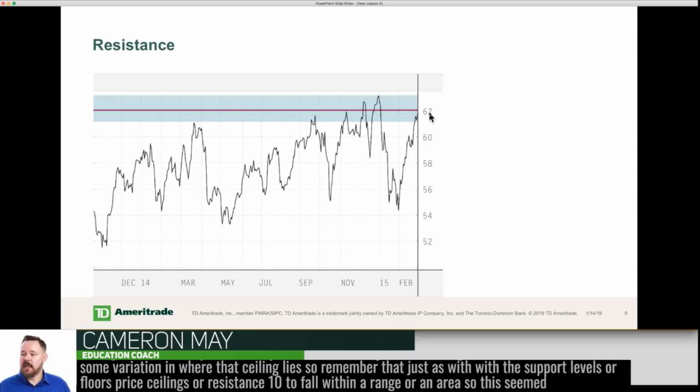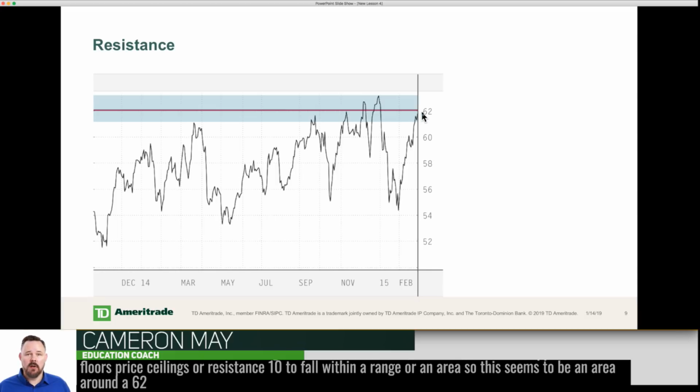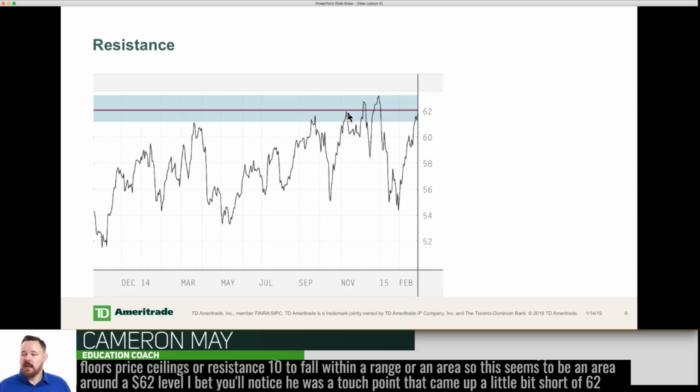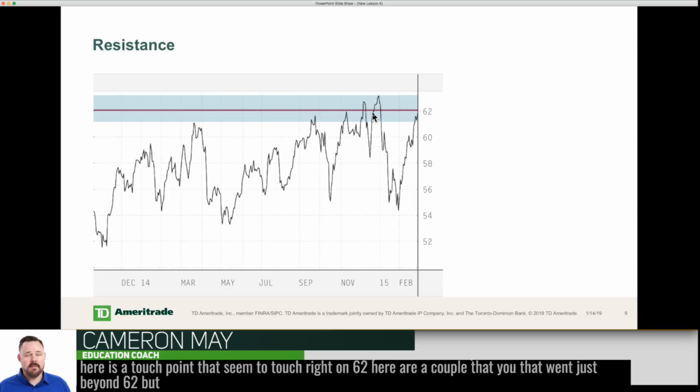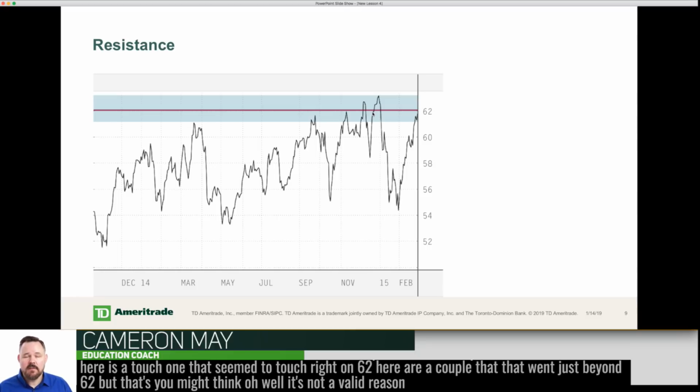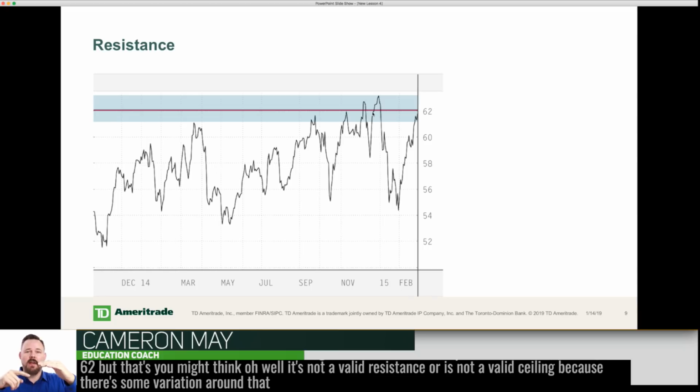So this seems to be an area around a $62 level. All right, but you'll notice here was a touch point that came up a little bit short of 62. Here was a touch point that seemed to touch right on 62. Here are a couple that went just beyond 62, but you might think, oh, well, it's not a valid resistance or it's not a valid ceiling because there's some variation around that price range. No, actually, that's more common than not.